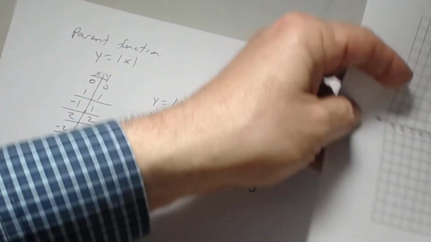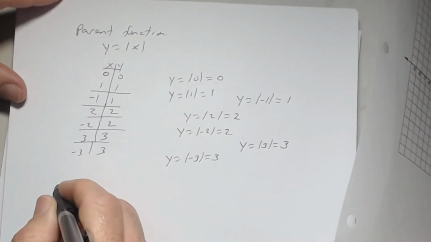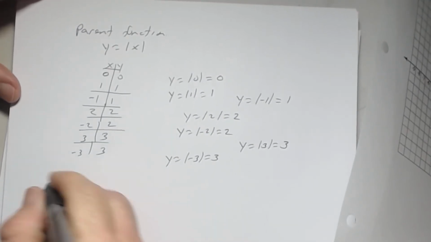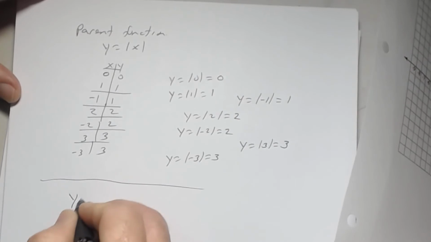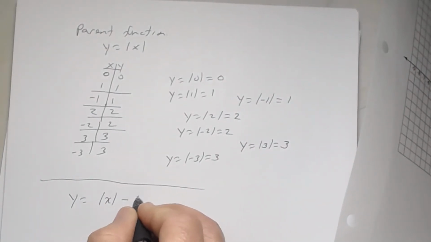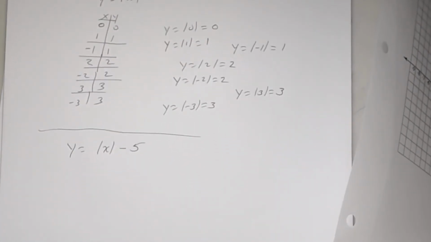Now, I'm going to ask you the same question I did with the other one. Is what I'm about to write going to involve a vertical or horizontal shift? Suppose we had f of x equals absolute value of x minus 5. Is that a vertical or horizontal shift? Vertical. Since it's vertical, you're going to use the same x-coordinates as the parent function: 0, 1, -1, 2, -2, 3, -3.